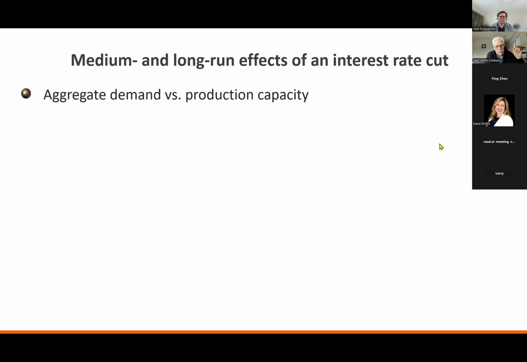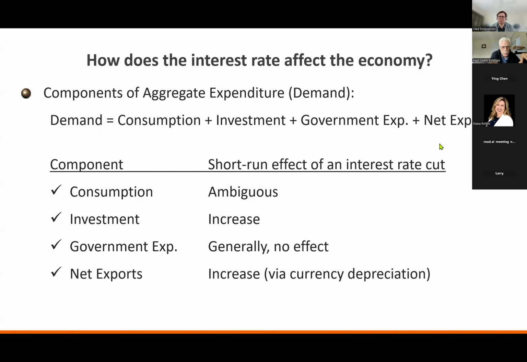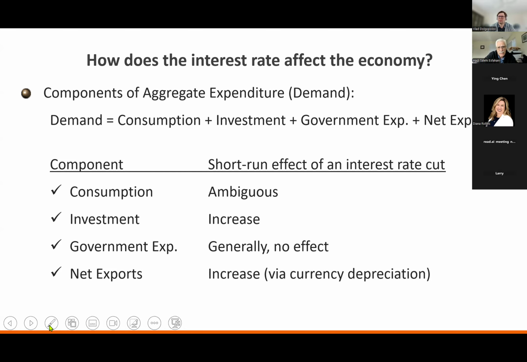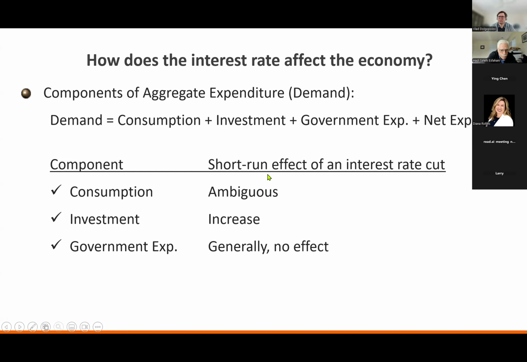Now, here, what I had done, I emphasized short run. Sorry, let me pick up a pen.